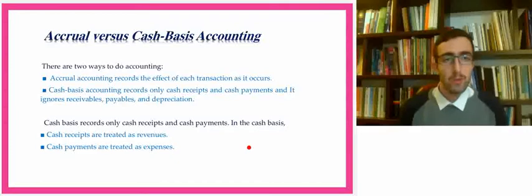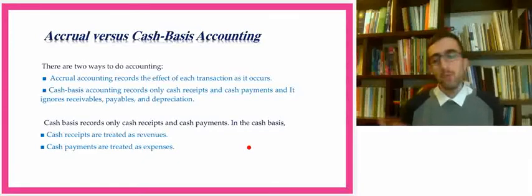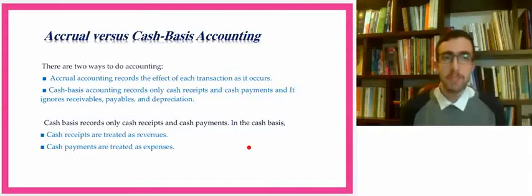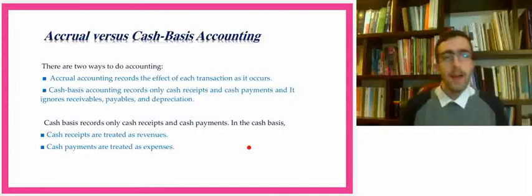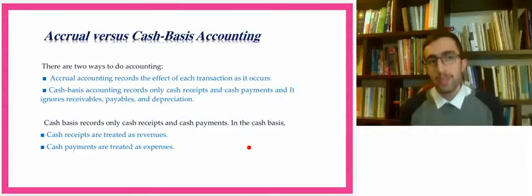If I want to bring an example for you, imagine one company purchased $2,000 of office supplies on credit. Under accrual accounting, we record office supplies $2,000 on the debit side, and accounts payable $2,000 on the credit side.